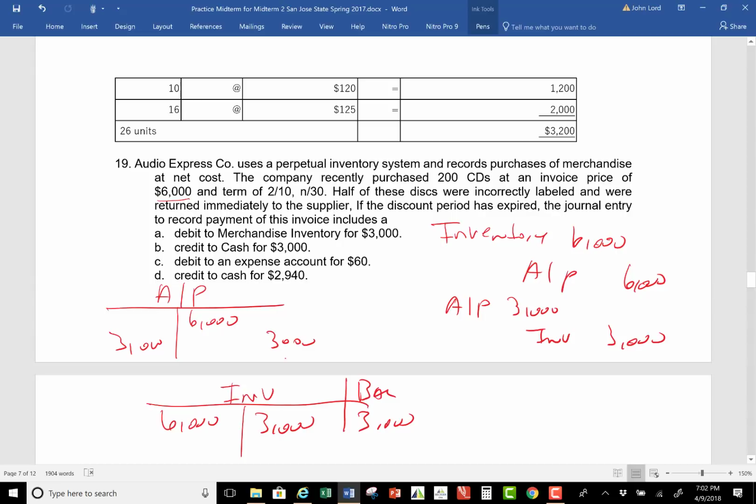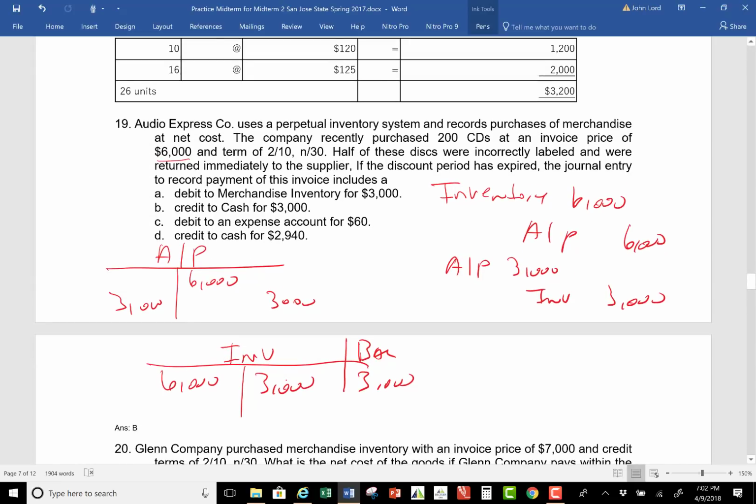Then they say if the discount period has expired, the journal entry to record the payment, well, we have that accounts payable of 3,000, don't we? So we'll debit accounts payable 3,000 and credit cash for 3,000 to pay that. And when we debit that 3,000, now there's zero sitting in there because we paid it. So is it true that there was a credit to cash for 3,000?